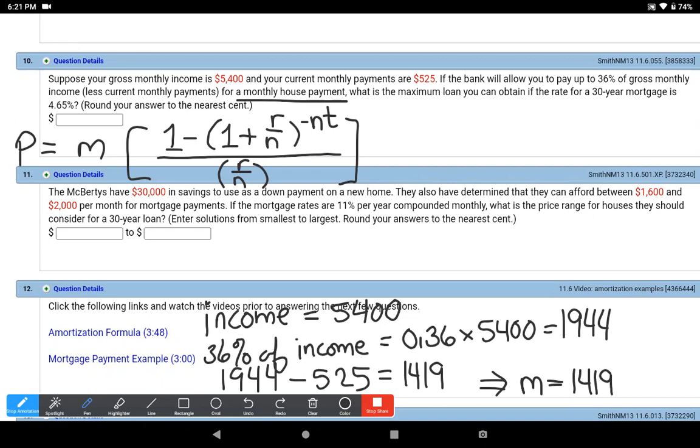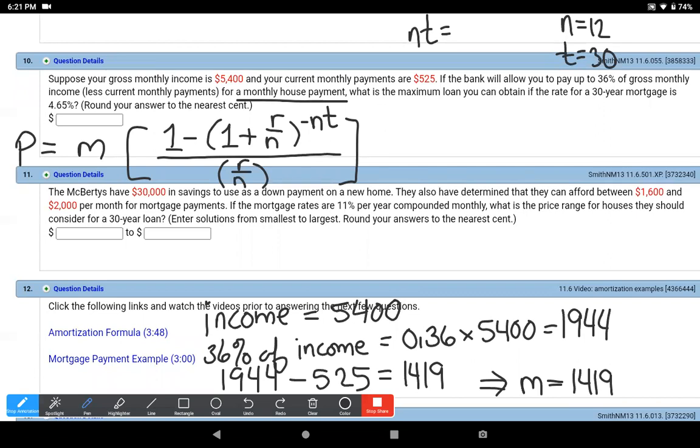We have an N of 12 because it's monthly, right? We have a 30-year mortgage that we're going to consider, right? That makes NT, which I don't want to crowd my space too much, so I'm just going to back up.